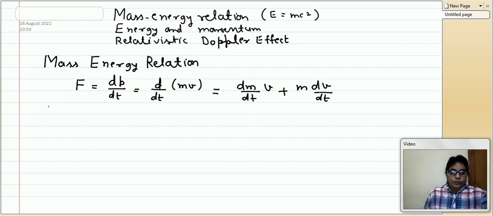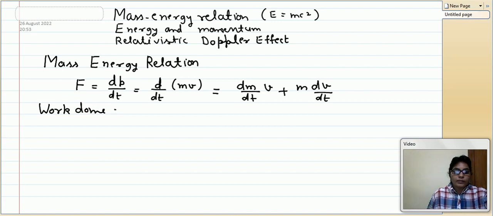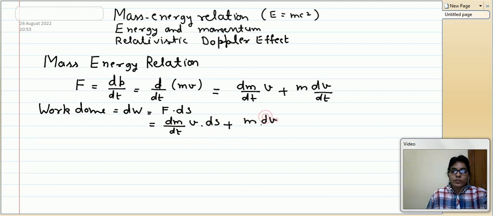Now if we apply an external force F, and because of that force the displacement is ds, then work done dW is equal to F dot ds. So this will be dm by dt into v dot ds plus m dv by dt dot ds.